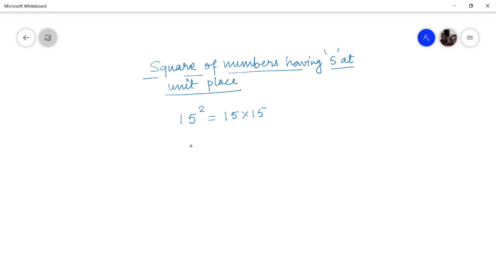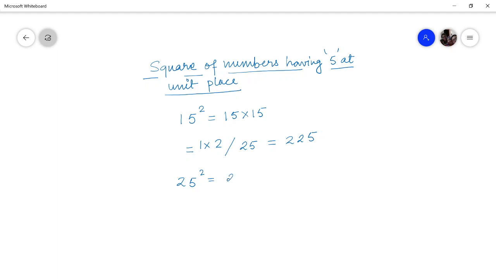So you try to find out the square of 5, that is 25. Then you increase the tens place by 1 and multiply with the 1: you multiply this with 1 more than this number, that is 2. So this will be 225. Let us say I want to square 25.